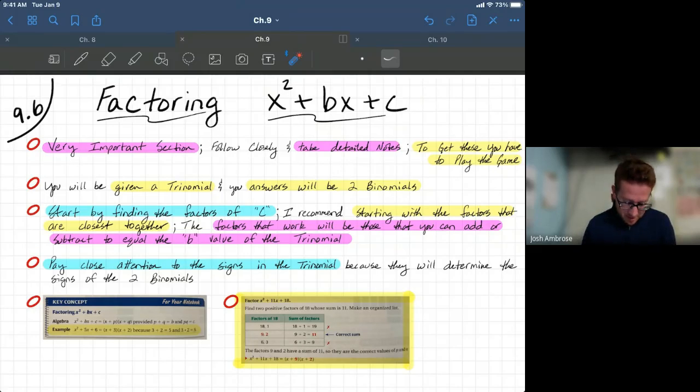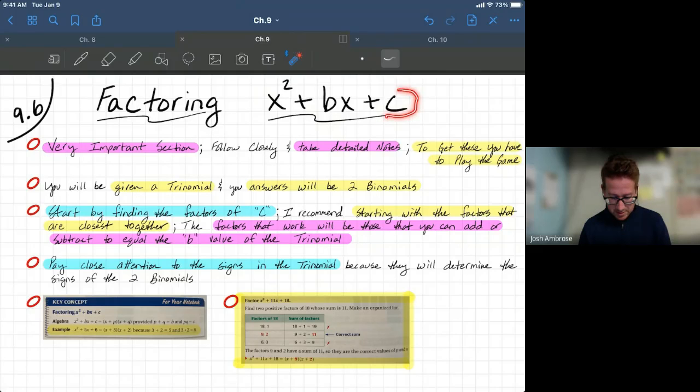All right, so look at these terms here. Notice there's no coefficient. The letter B right here, that is a coefficient of x. And the letter C right here, that is a constant. In other words, there's no variable. It's just a number by itself. So anytime I use the phrase like look at C or look at B, that's what I'm talking about.